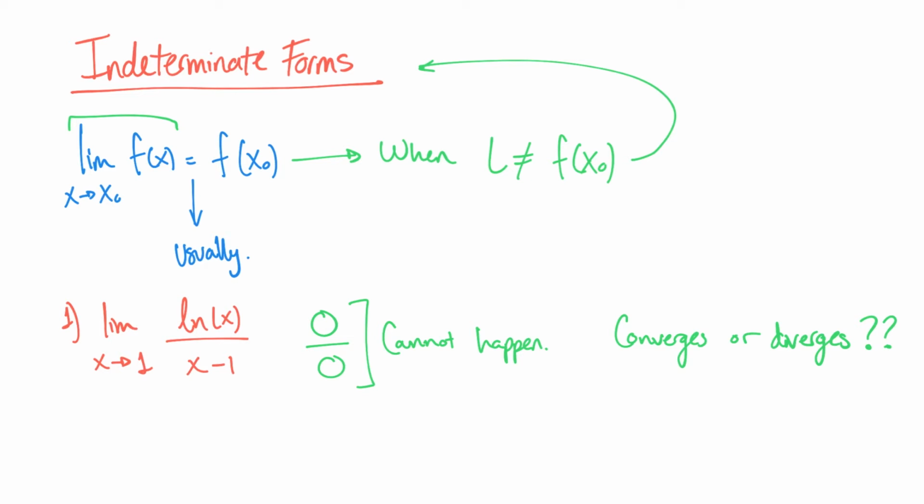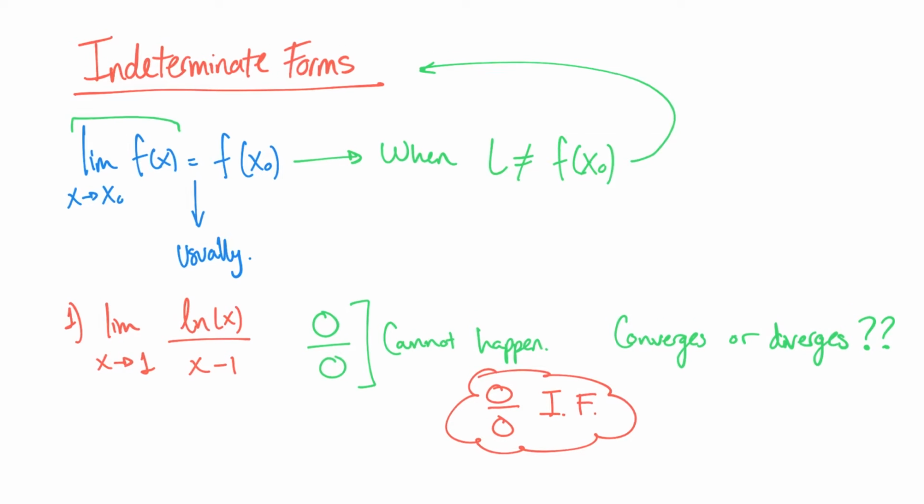Therefore, we need to move things around a little bit. And this is basically what an indeterminate form is: what we get when, after plugging in the number that the x is approaching, we get something that kind of breaks the rules. In this case, we're going to call this one a 0 over 0 indeterminate form.